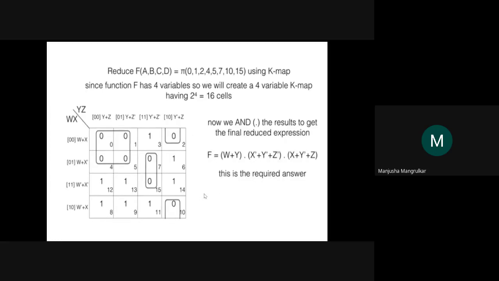Now the function is what? For this, it is w plus y, and x complement plus y complement plus z complement, and x plus y complement and z. So what is this? These are the product of sums, so that's why it is called POS.